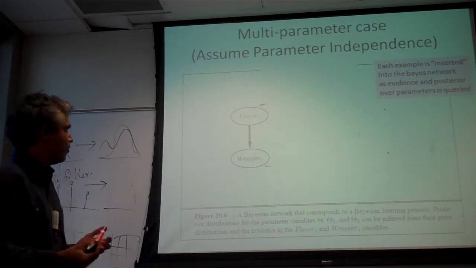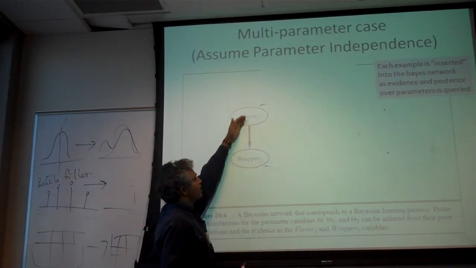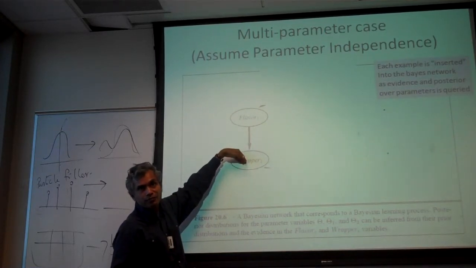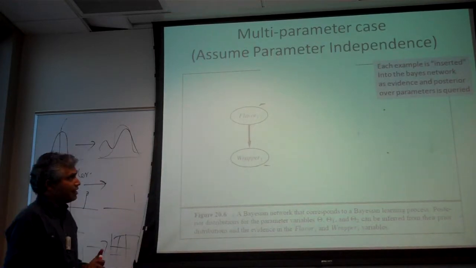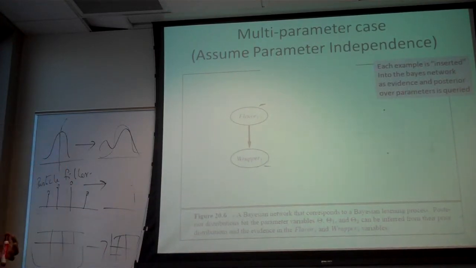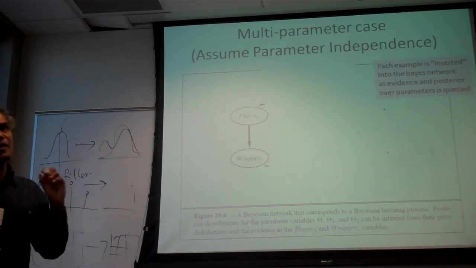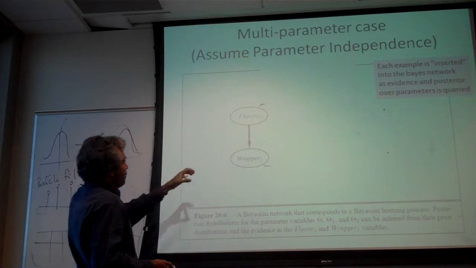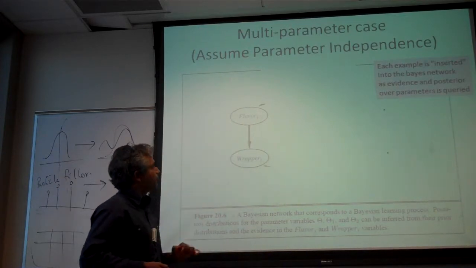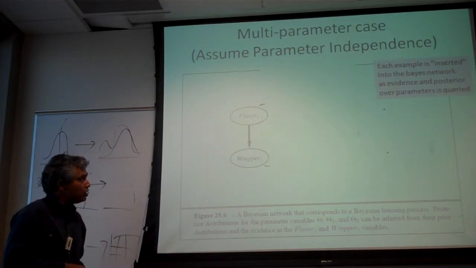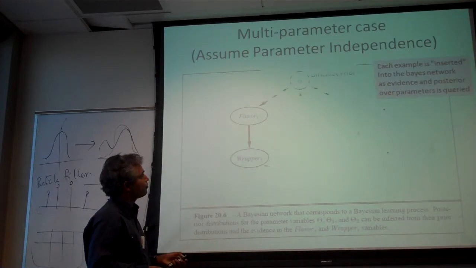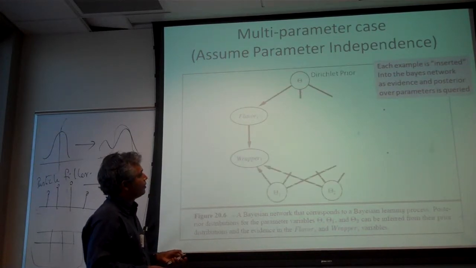The flavor itself has some distribution, but the flavor determines the wrapper probabilistically. So if you want to do it all in terms of Bayes network inference for a minute, then each example, flavor and wrapper, is going to be determined by the theta values. Okay.